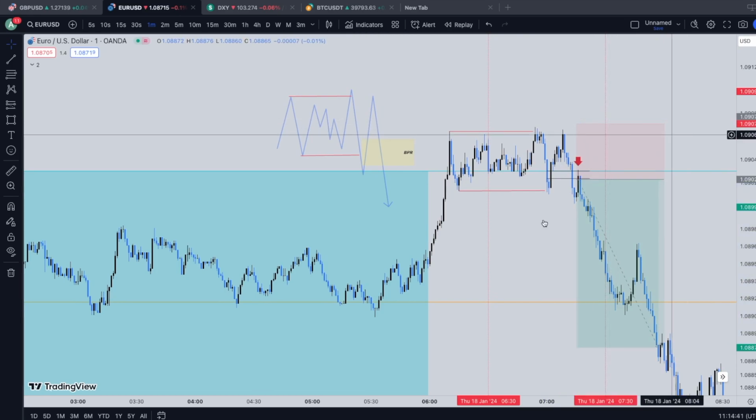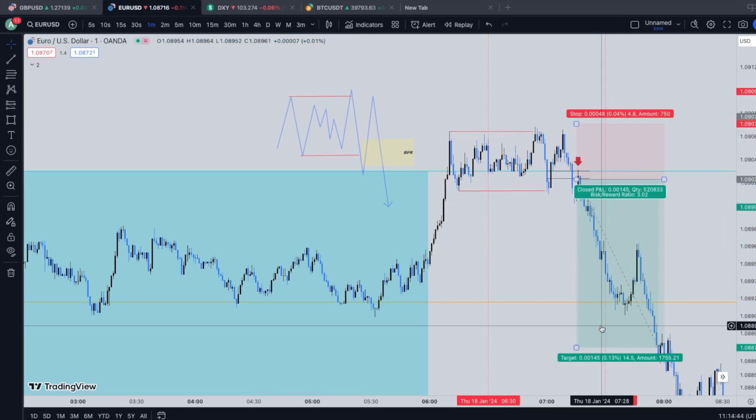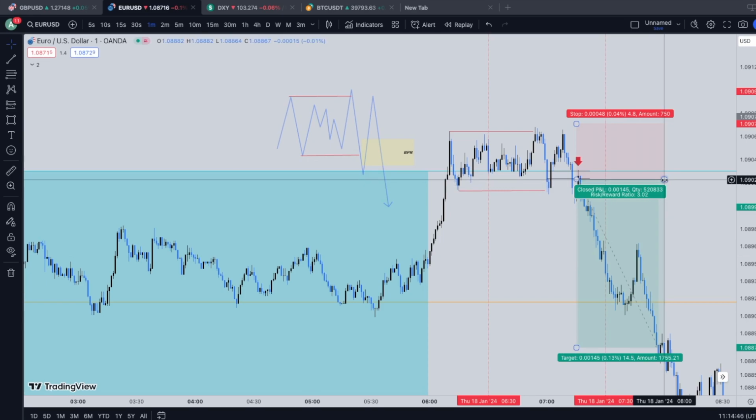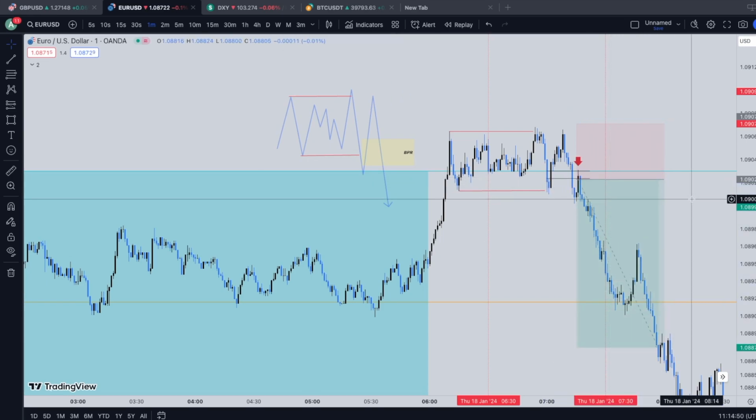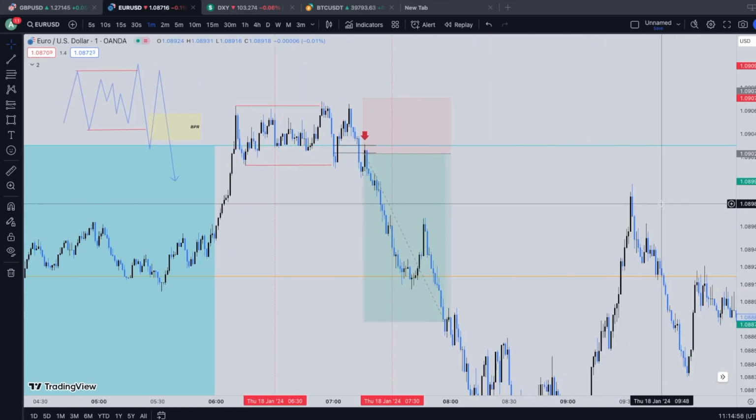Our stop loss needs to be above the high, and for our targets I will be touching upon the RR in the tips that will be in the last few minutes of the video. So make sure you have a pen and paper handy to jot down the tips and the rules that I use for this model.